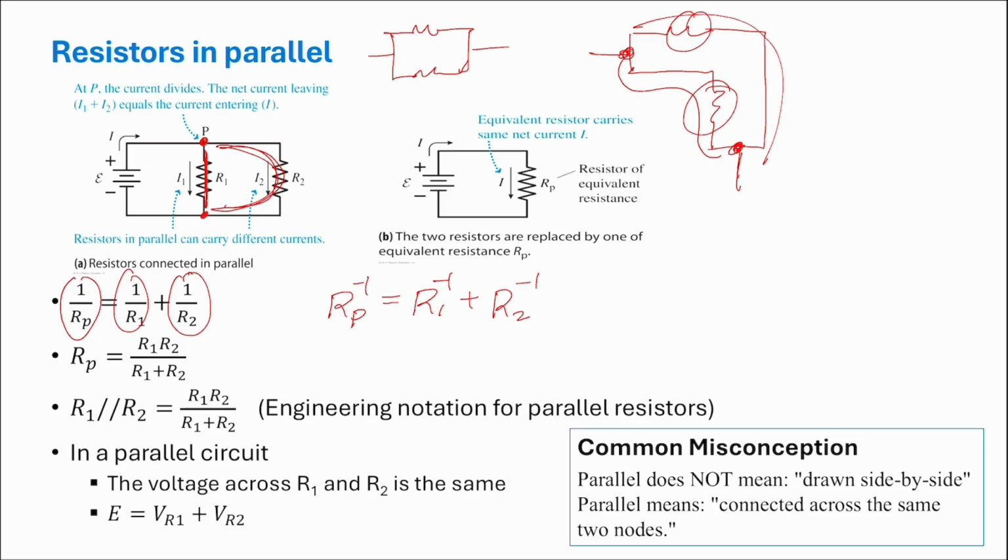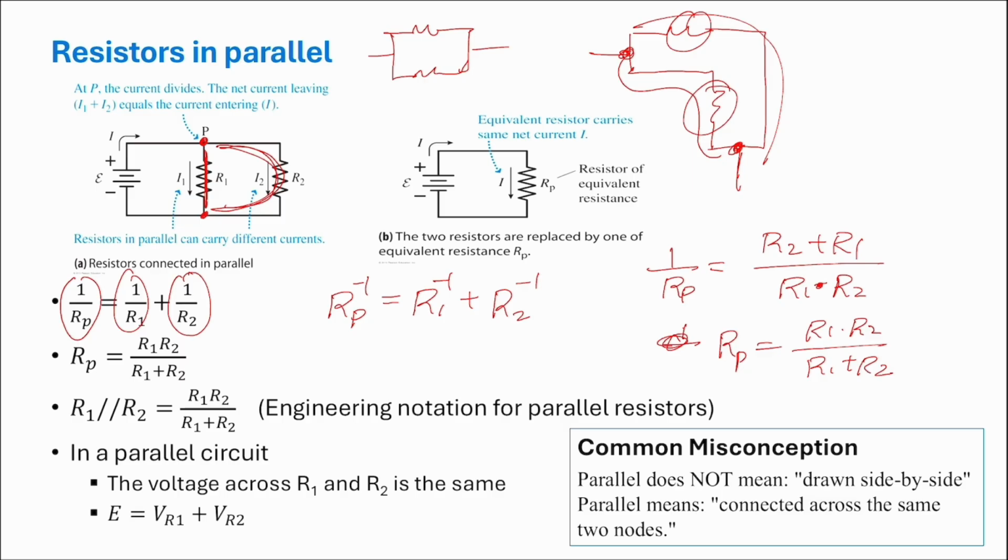The reason is simple: 1 over Rp, you find the common denominator, R2 plus R1, and then you flip, you find the inverse. Rp equals R1 R2 over R1 plus R2.